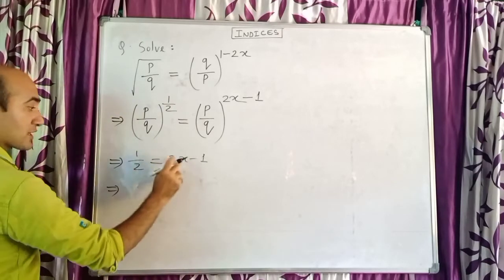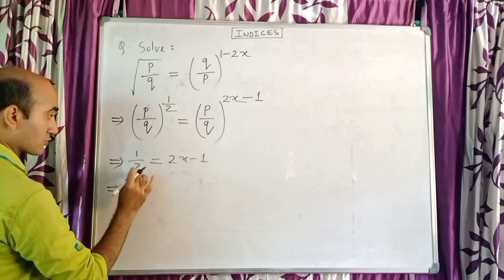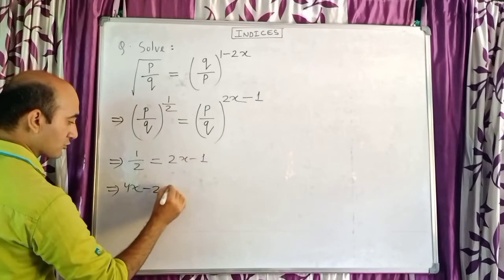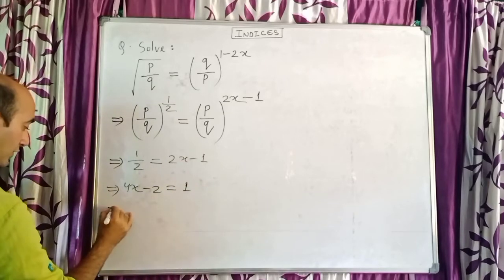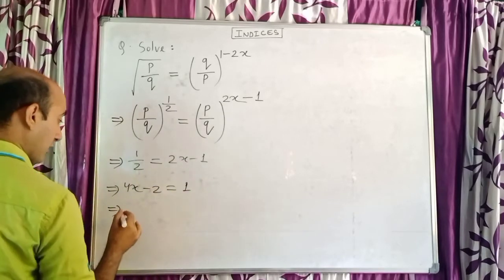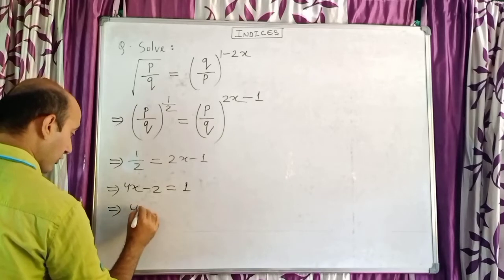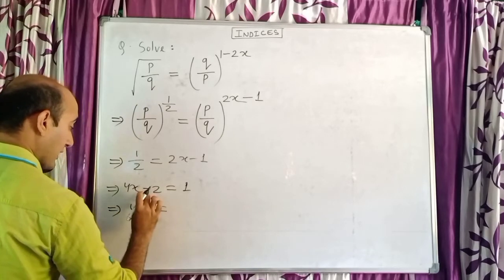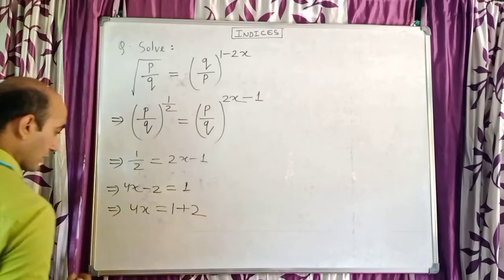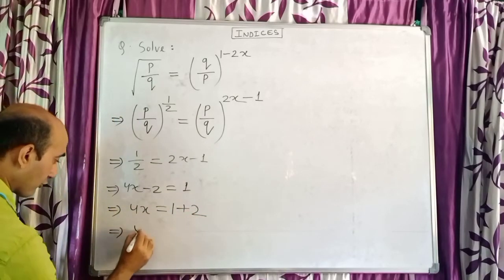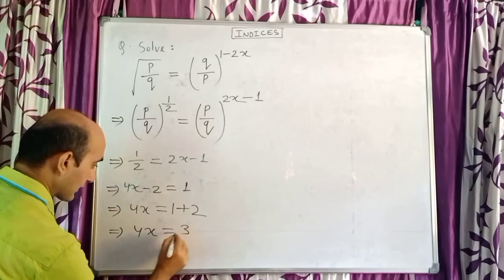So first one, 2 2s are 4x, 2 1s are minus 2 equal to 1 1s are 1. So we will be getting our answer now. So 4x equal to minus 1, minus 2 going that side will become plus 2. So finally 4x equal to 3.